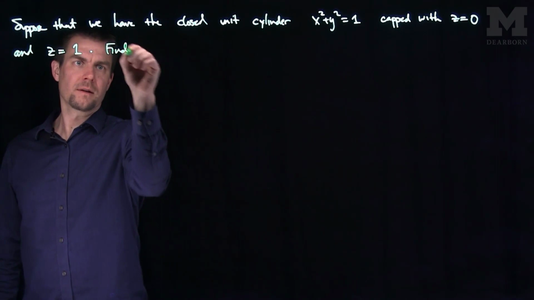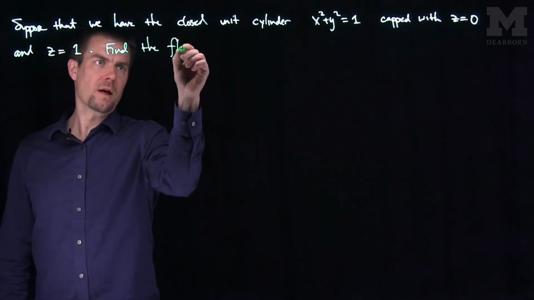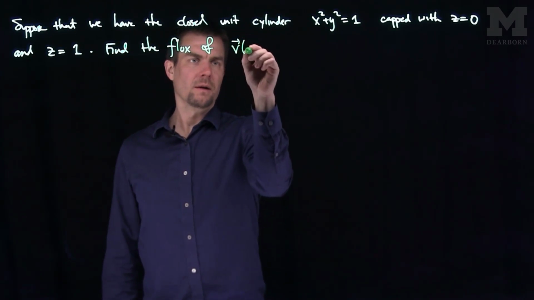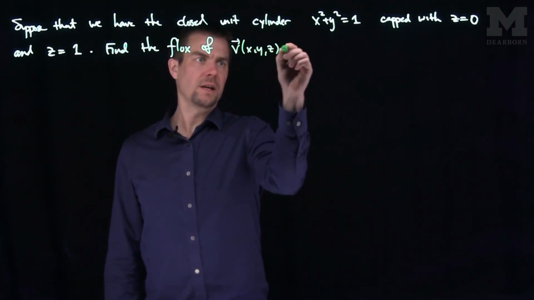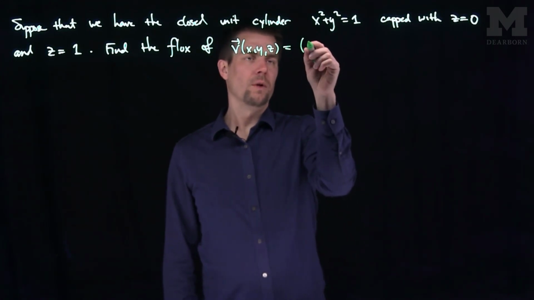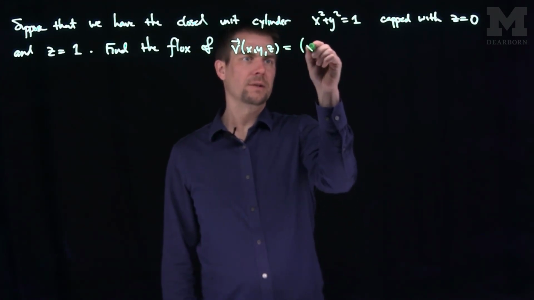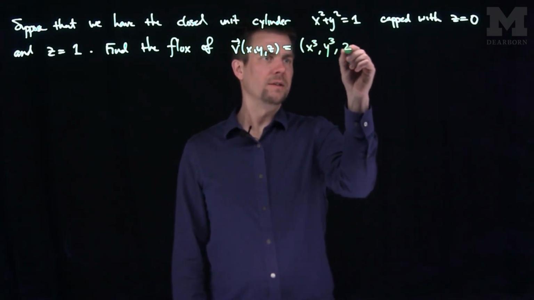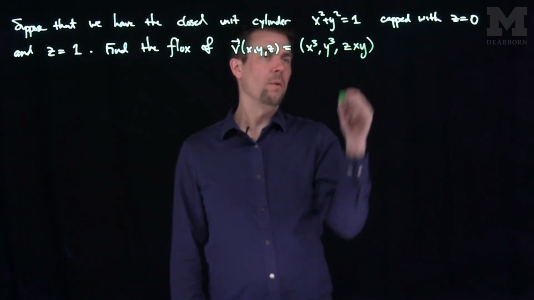Find the flux of the vector field v of x, y, z, which is going to be x cubed, y cubed, and then z x y.